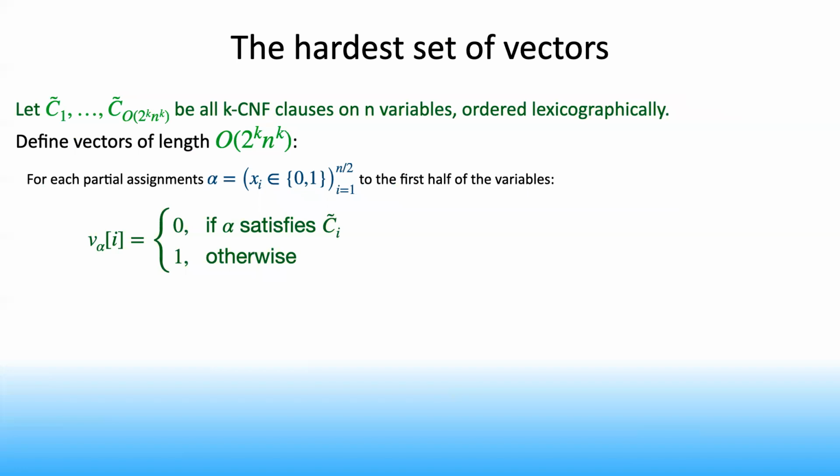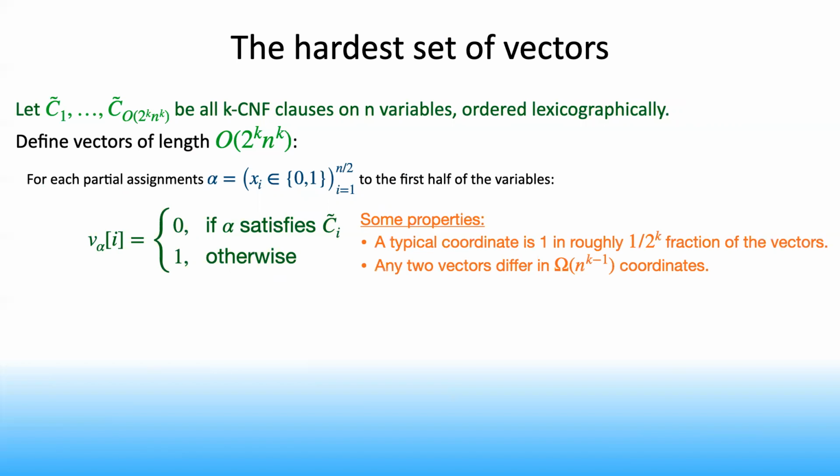Let's take a moment to reflect on what this hard set of vectors, this fixed set A that makes OV hard, is. Each vector corresponds to a partial assignment, and the vector encodes which of the possible k-CNF clauses are satisfied by this assignment. So you can see that it's a pretty structured set of vectors. Perhaps it might remind you of some error correcting code construction. And it has the following properties, among others.